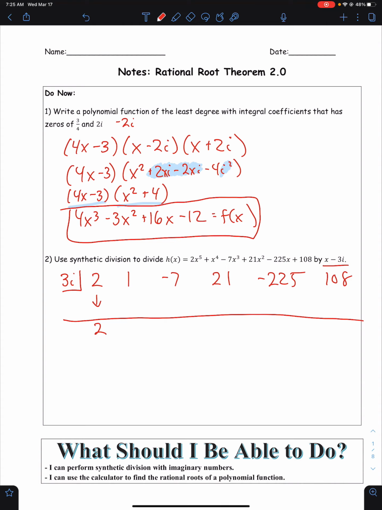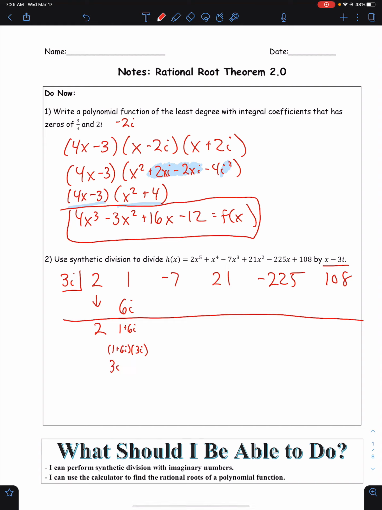2 times 3i would be 6i. Add 1 plus 6i. Well, you can't really add those together. They're not common terms, so we just have 1 plus 6i. Multiply that times 3i. Now you have to do 1 plus 6i times 3i, and you would get, well, you can do the math down here.